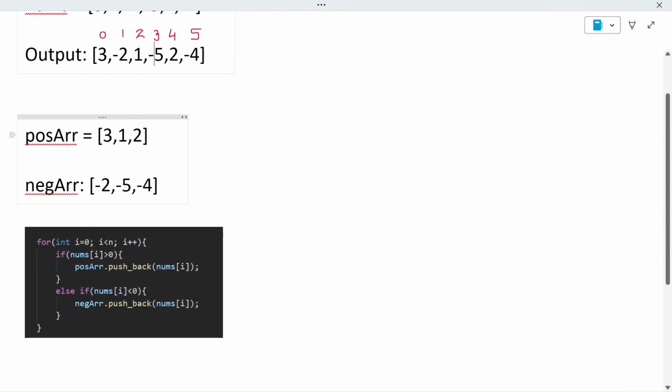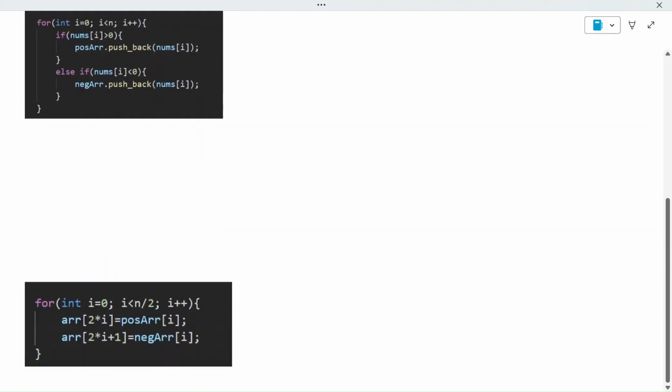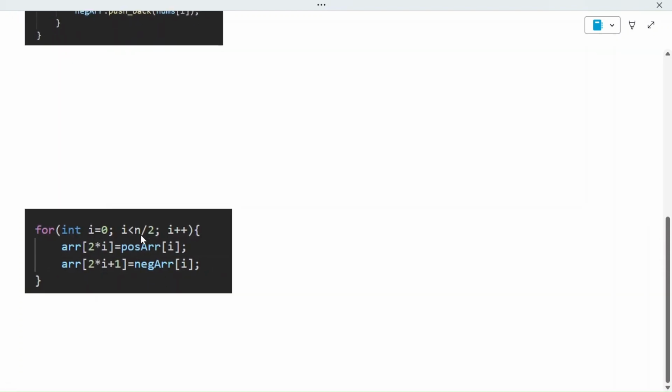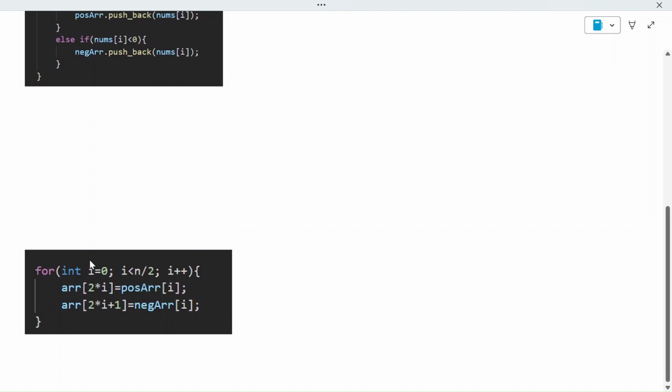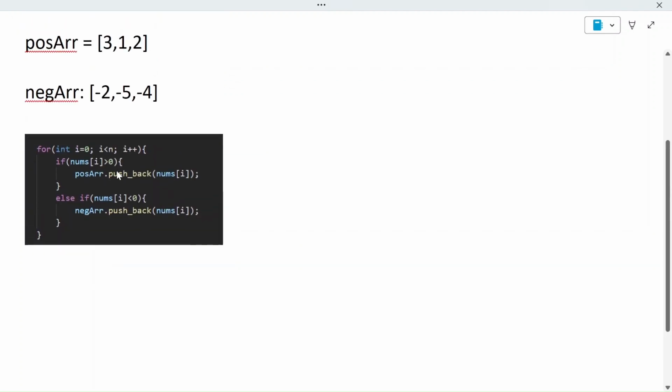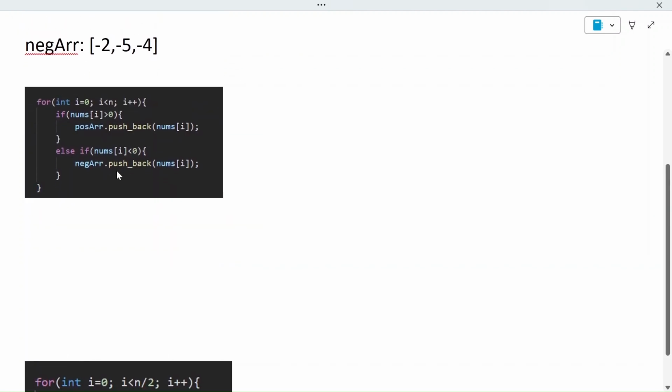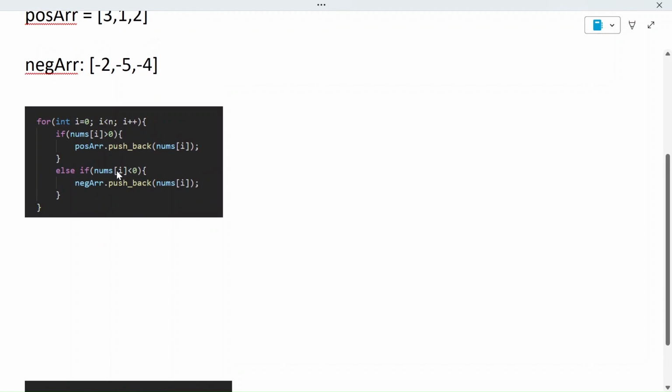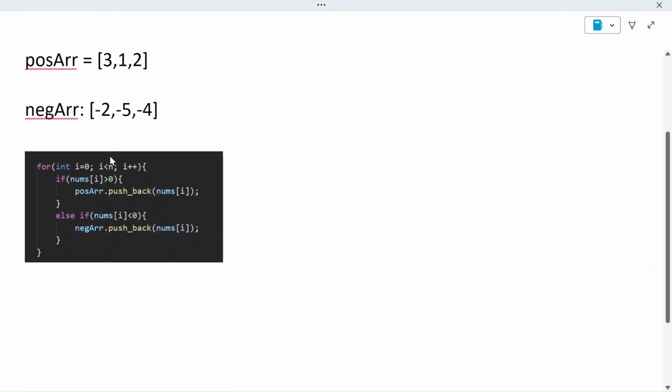Now we just need to merge these two arrays. How can we merge it? We can simply iterate and insert the positive integer at even index and the negative integer at odd index. In this way, you will be able to merge the two arrays and find the rearranged array. So what have we done?